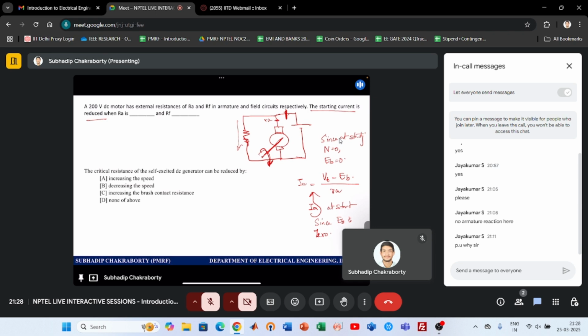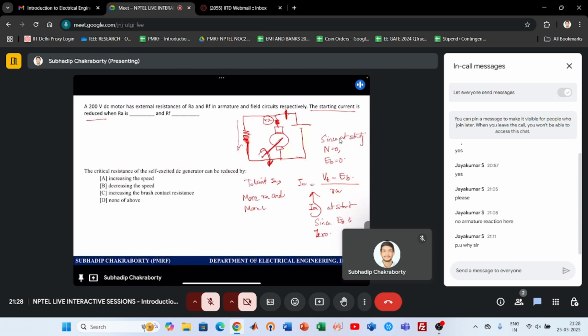So you should have some increased resistance at the armature to protect it from getting damaged at starting, and then you have some low field resistance, right? Because to limit IA, what you need? You need more RA and more EB.